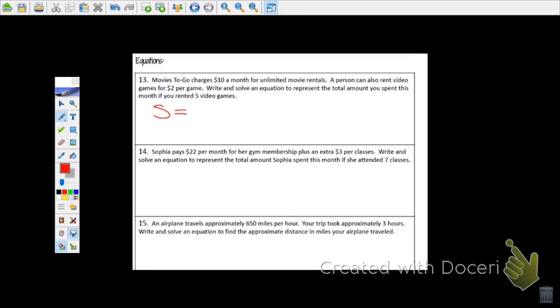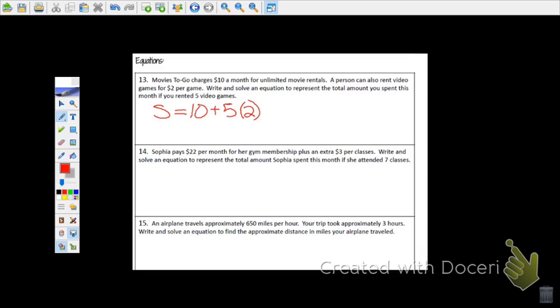So if we're looking at how much is being spent, okay, it says Movies to Go charges $10 a month. So no matter what, you're spending $10. If you rent 5 video games, in addition to the $10, you are also going to pay 5 video games at $2 per game. So that would be your equation.